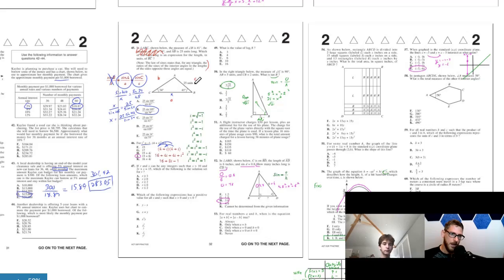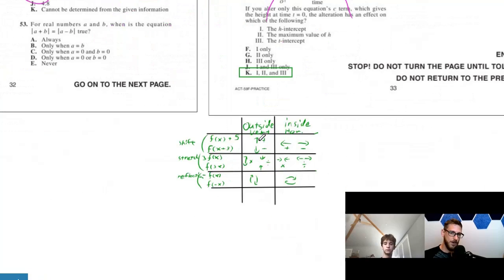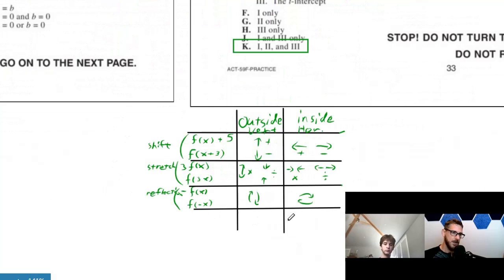The only other things that might be important to know are just knowing what amplitude means, and how that relates to the equation. The nice thing about that is if you know what we just went over with the transformations, that will give you everything you need to know about amplitude and period and phase shift. The one thing you need to memorize is that there are 6 trig functions, right?